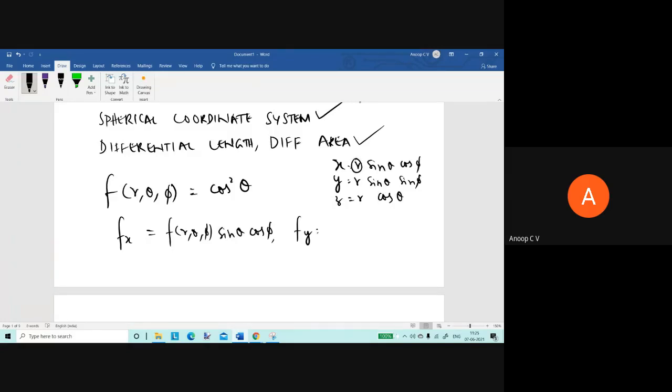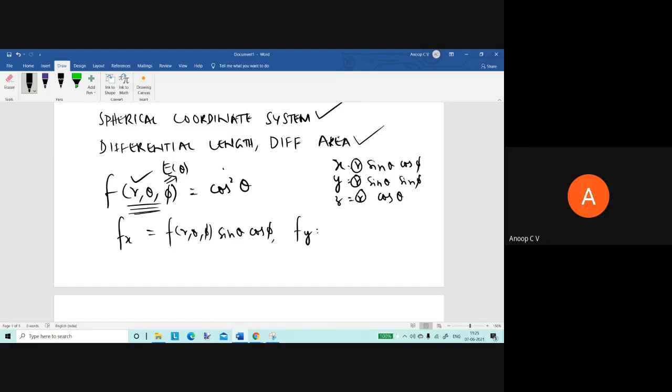Instead of this r, I'll be considering this function, a function in spherical coordinates. I have to convert it into a function in Cartesian coordinates. So if f of r, theta, phi is the function, instead of that I'll be writing f of theta.